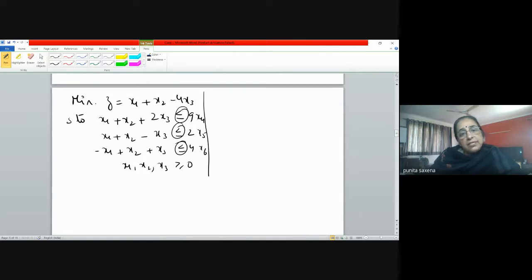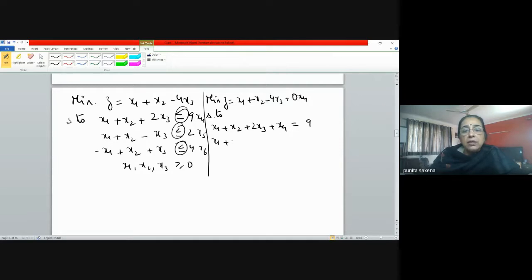So we'll have 3 slack variables here, and your objective function will now become minimize Z equal to x1 plus x2 minus 4x3. I'm leaving the blanks there because I'll add them later on. Subject to x1 plus x2 plus 2x3 plus x4 equal to 9. So I'll have a 0x4 here. Is that okay?